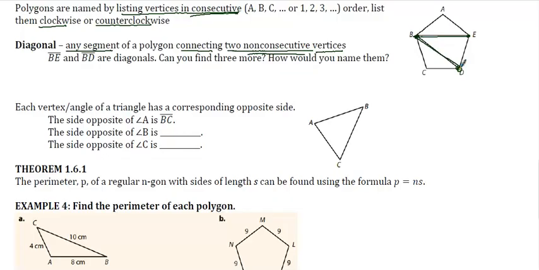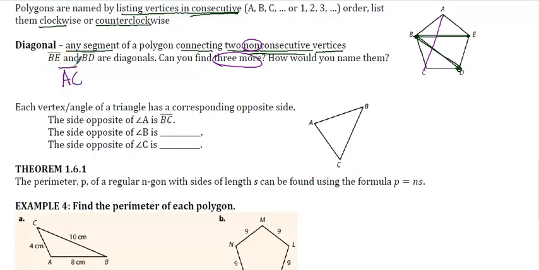So can you find 3 more diagonals, and how would you name them? Okay, so B, we went to E, we went to D, so we're done with this side, because if we go to A, that's consecutive. If we go to C, that's consecutive, and it has to be non-consecutive. So if we go to A, we could go from A to C and call it segment AC.